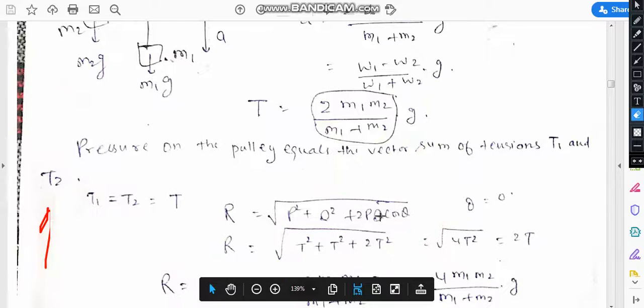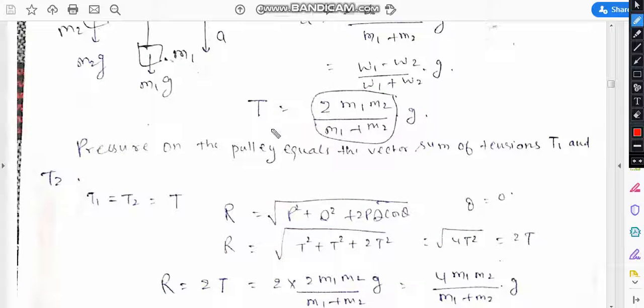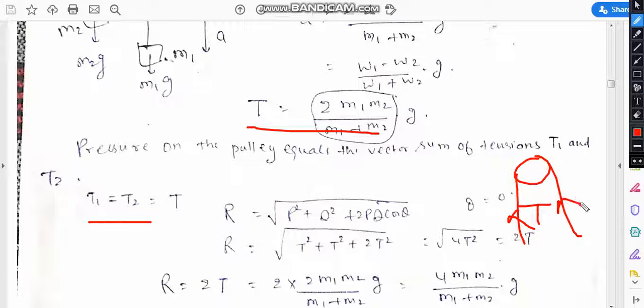The tension is 2 M1 M2 upon (M1 plus M2) times G. Since both masses are attached with the same string over the same pulley, the tension is the same, and the angle between these two tensions is 0 degrees, with P equal to T and Q equal to T. So the resultant of these two tensions is 2T, that is 4 M1 M2 upon (M1 plus M2) times G.